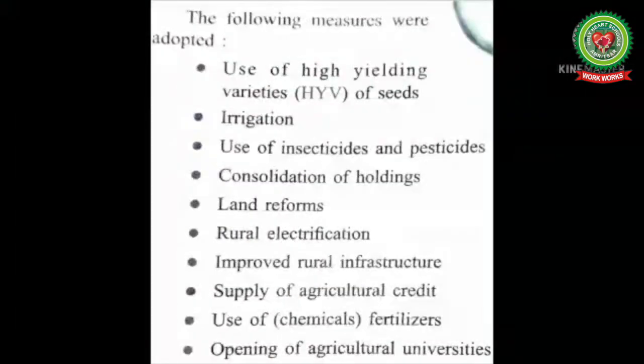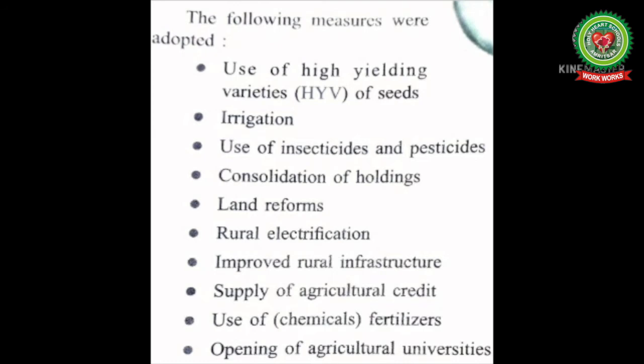The following measures were adopted: use of high yielding varieties of seeds, irrigation, use of insecticides and pesticides, consolidation of holdings, land reforms, rural electrification, improved rural infrastructure, supply of agriculture credit, use of chemical fertilizers, opening of agriculture universities.